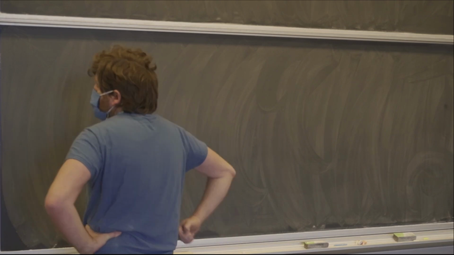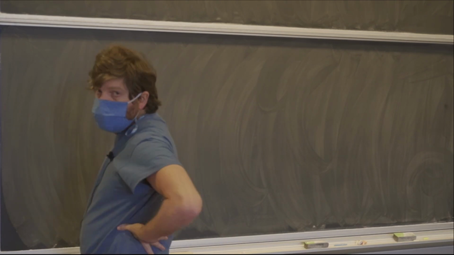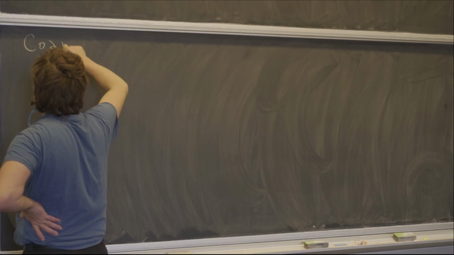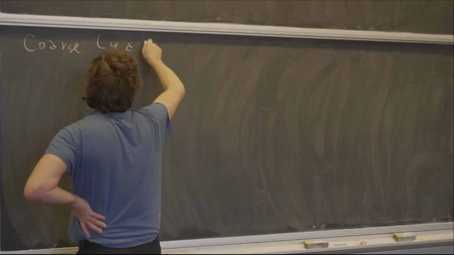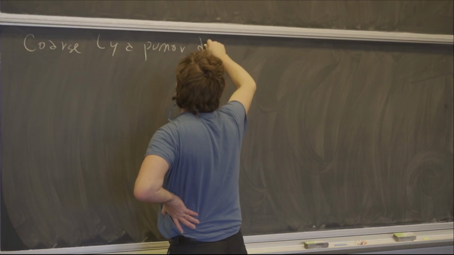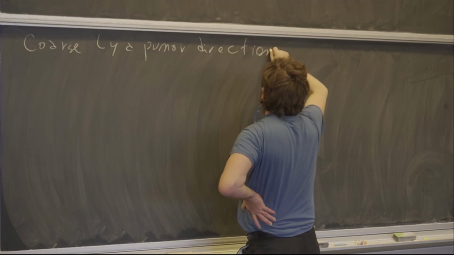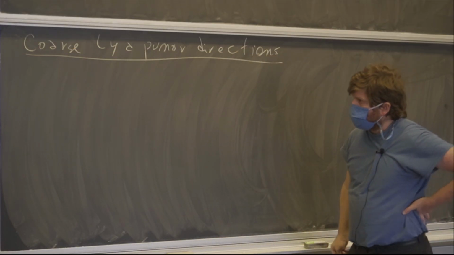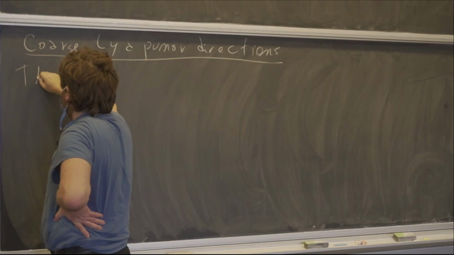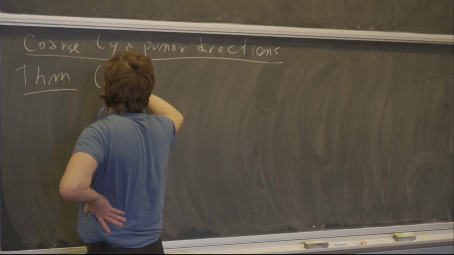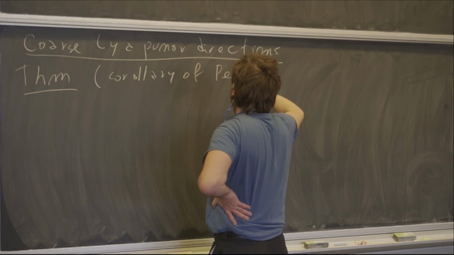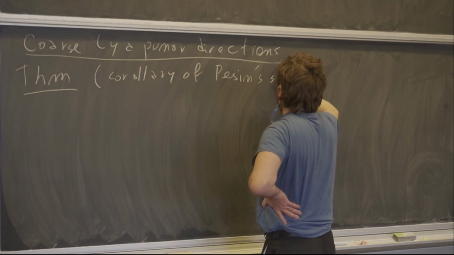Now let me move to the smooth ergodic theory, Pesin theory, and go back to coarse directions. So this is a theorem, which actually is a corollary of Pesin's stable manifold theorem.